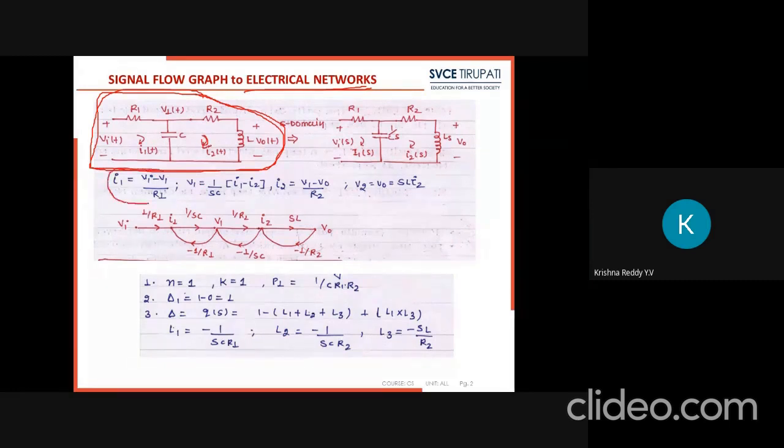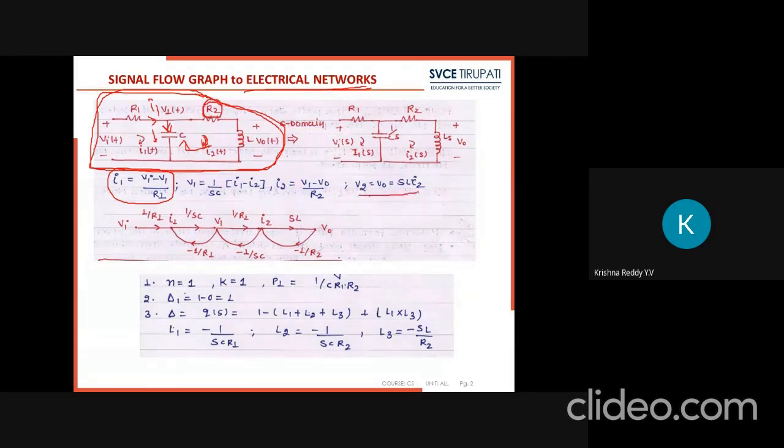According to node analysis, we get I1 is (Vi minus V1) divided by R1. V1 is equal to 1 by SC into (I1 minus I2), where I2 is equal to (V1 minus V0) divided by R2.